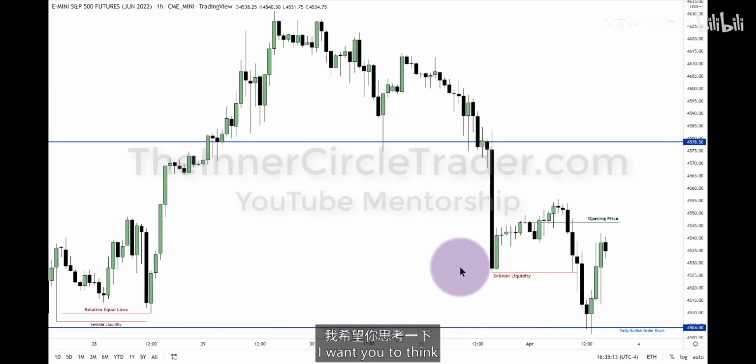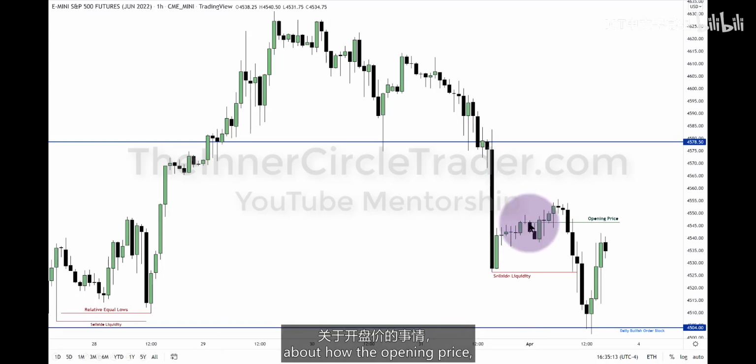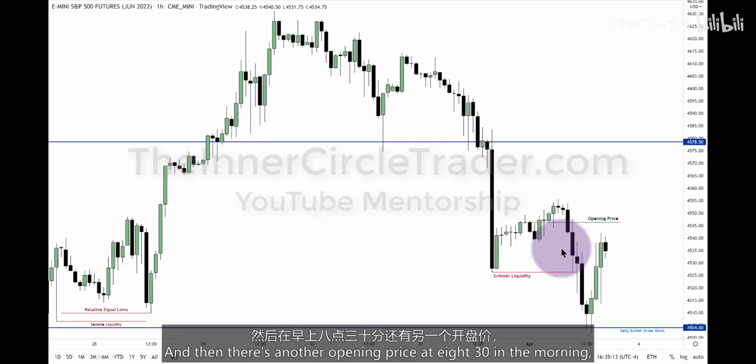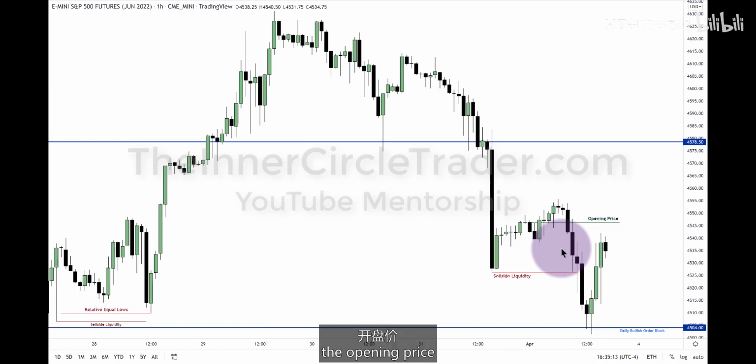But for right now, I want you to think about the opening price. What's the opening price? Well, there's two. If you're trading index futures, the opening price is midnight at New York time. And that's this candle here. That's the opening price here. And then there's another opening price at 8:30 in the morning, the opening price in the candle that begins 8:30.